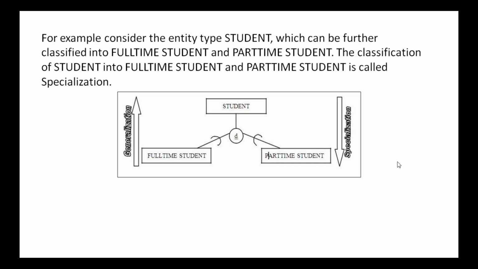Based on the distinguishing characteristics of student instances, from that student entity supertype we are defining two entity subtypes, like full-time student and part-time student. Both have unique characteristics, not the common characteristics, but all students' common characteristics are to be maintained in the student entity. It's a top-down process.